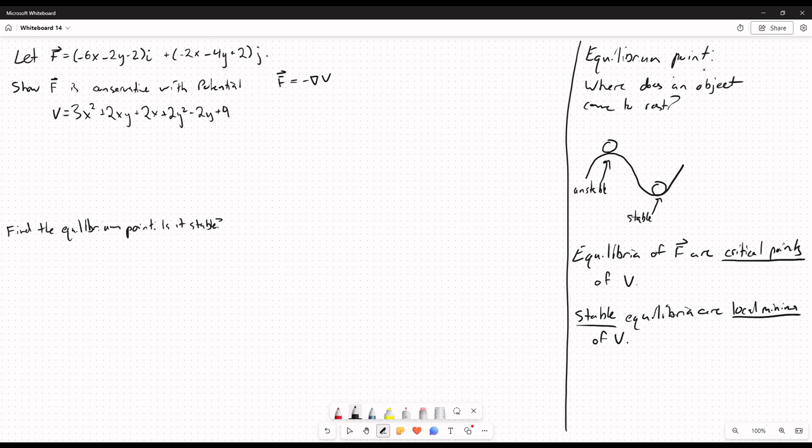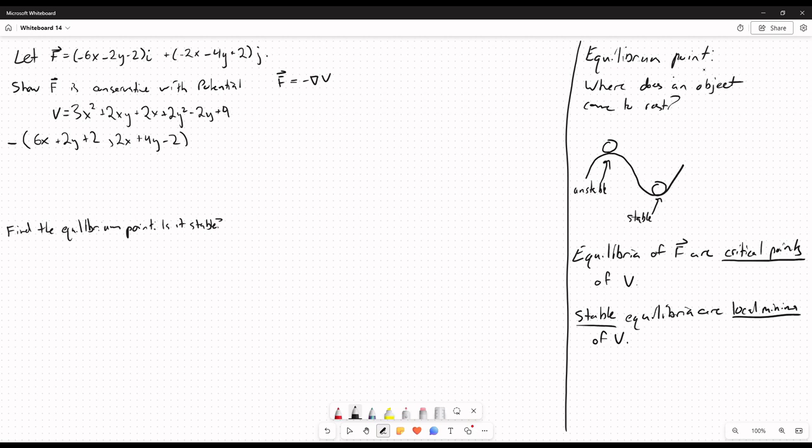What's the gradient of V? Well, the partial with respect to x is going to be 6x + 2y + 2. And the derivative with respect to y is going to be 2x + 4y - 2.